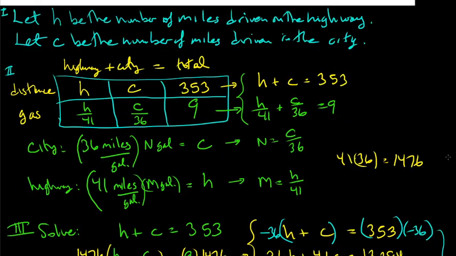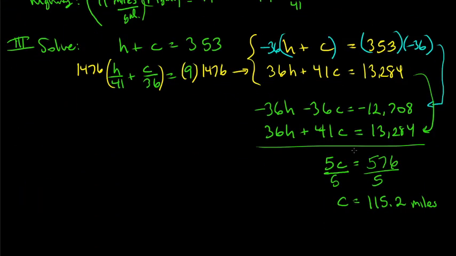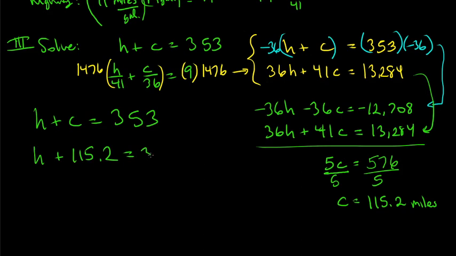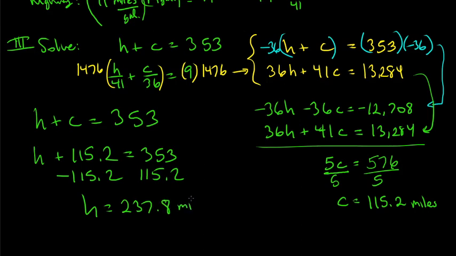But don't panic, because we know that H plus C is equal to 353. And now we know what C is, right? 115.2. Now we just do the usual subtraction. So H is 353 minus 115.2, which is 237.8 miles.